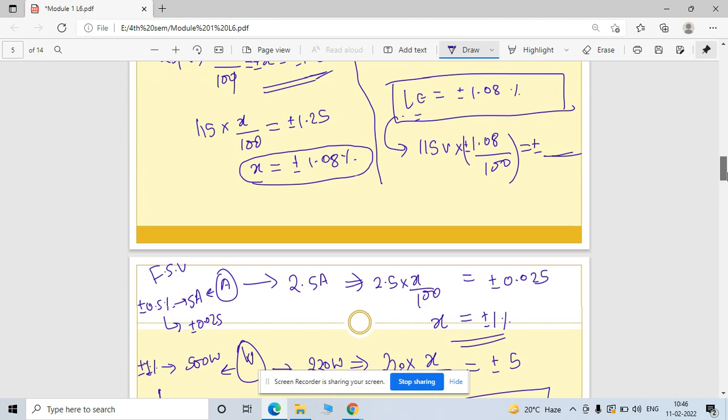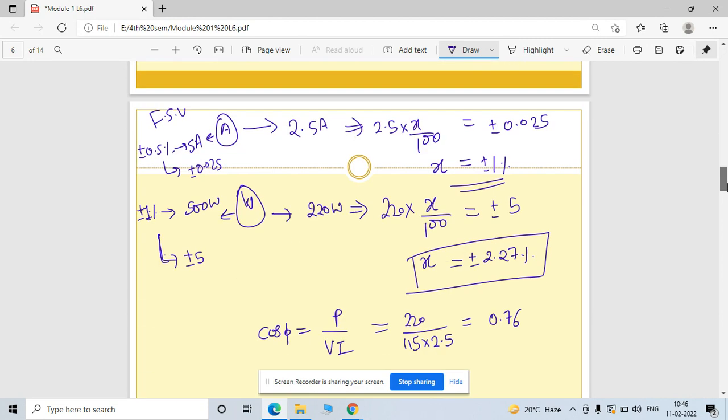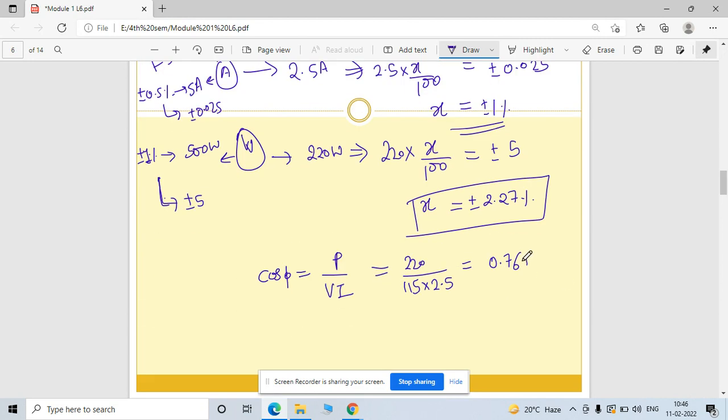Now add all these percentage errors. Okay, so what are all the percentage errors here? Plus minus of, you need to add all these percentage errors. इसमें या तो इसी में दिखा दो या फिर अलग से दिखा दो इसको.